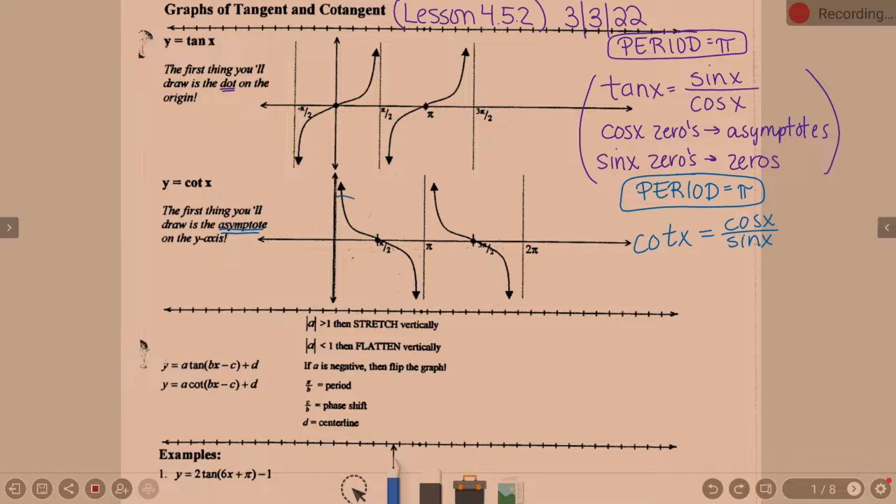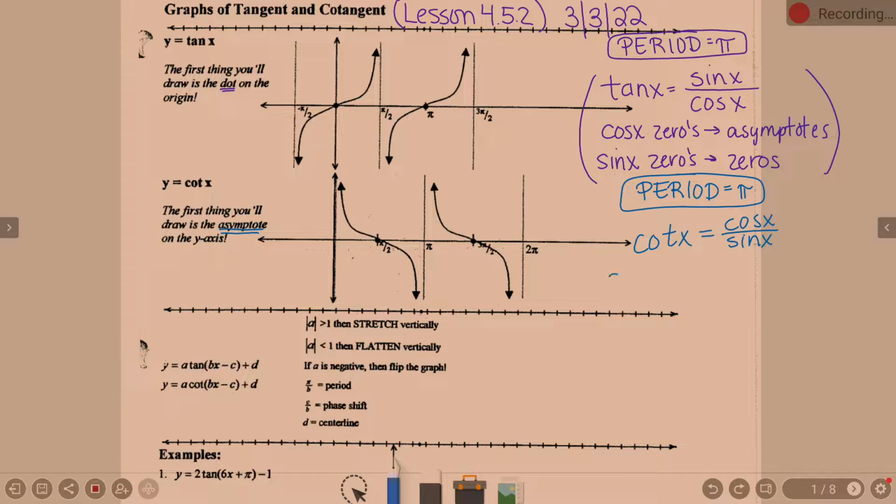Notice a cosine curve does something like that. It's going to match up on those zeros, isn't it? Whereas a sine curve does something like that, right? Sine is in the denominator. Whenever sine equals 0, because it's in the denominator, you're going to see asymptotes whenever sine equals 0.